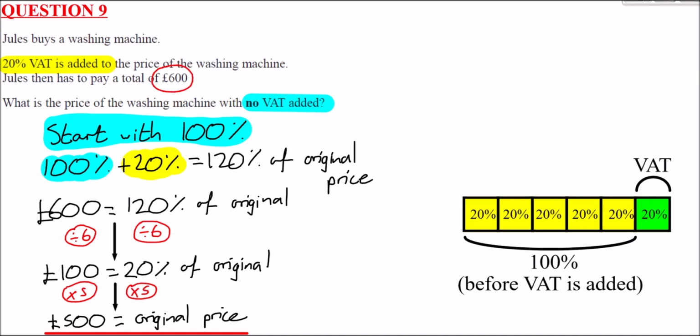So if all of this is £600, you can see using this graphic there's 6 pieces. Each piece of 20% must be £100. 100, 200, 300, 400, 500, what you started with, plus the extra £100 which was VAT. 500 plus 100 does give the 600 as required. So there's a few different approaches, as there are for almost any question, but ultimately whichever way you go around it, you should find that £500 is the price before the VAT was added on.